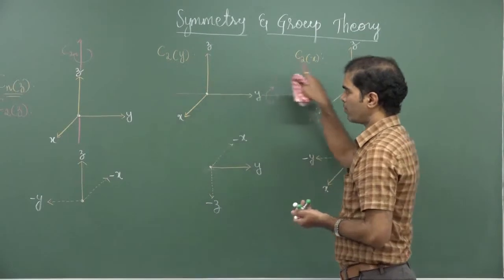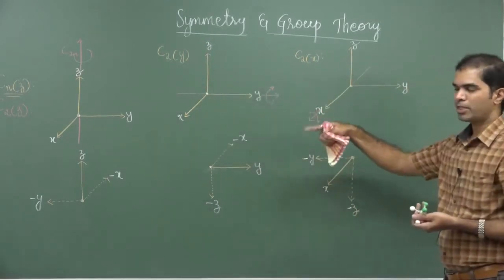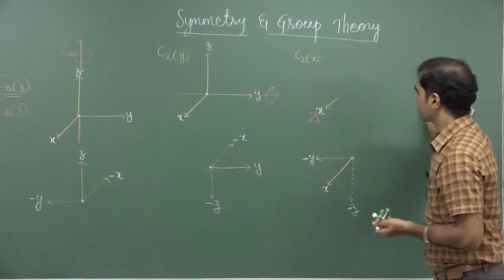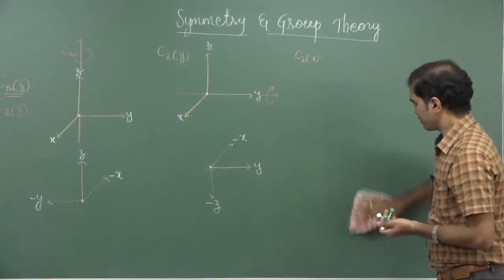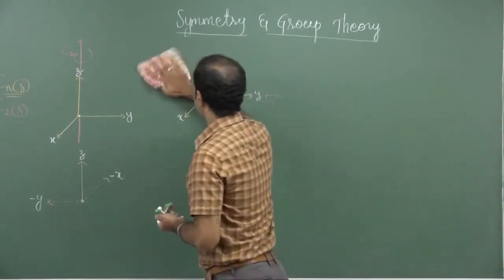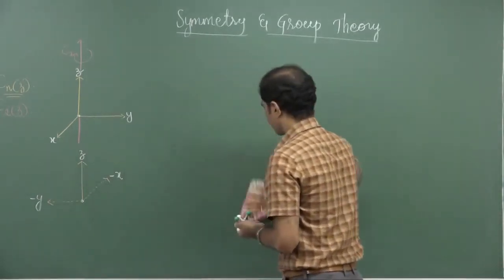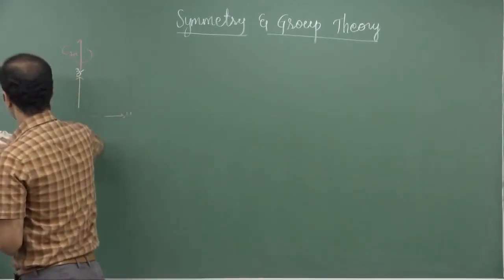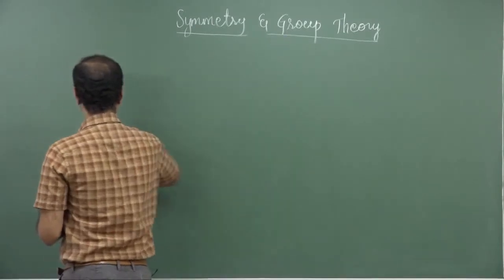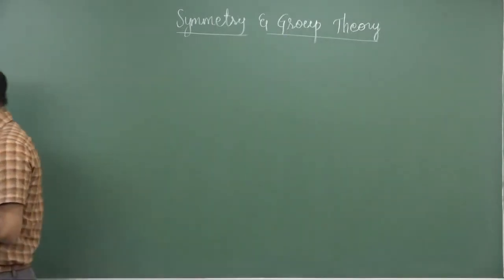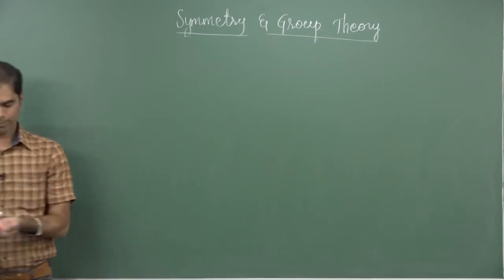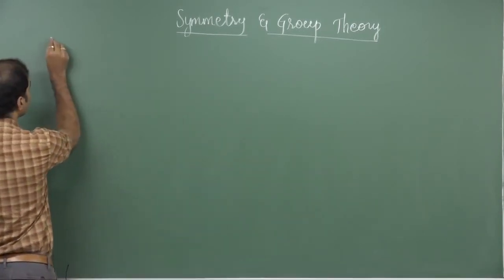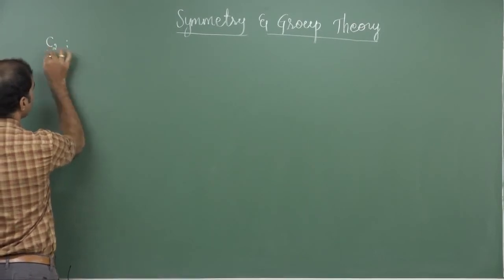So the conclusion of all these diagrams where the coordinates are being shifted or exchanged, I will give in the form of a table. Right, this is a table for C2.